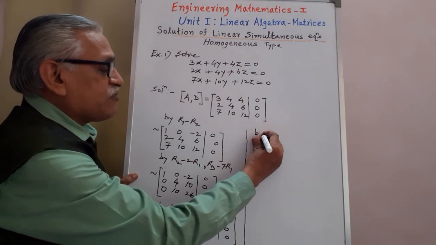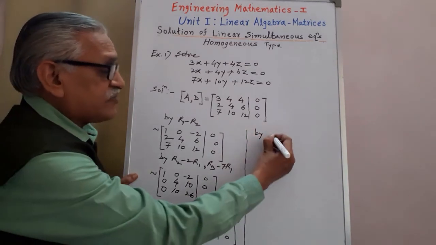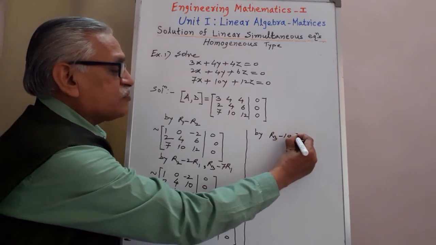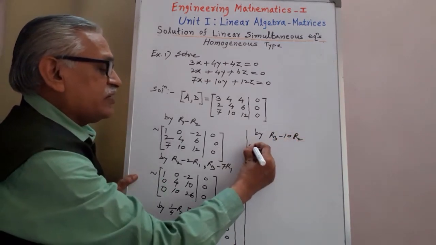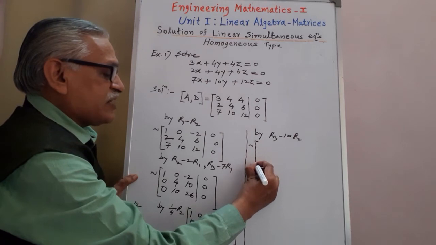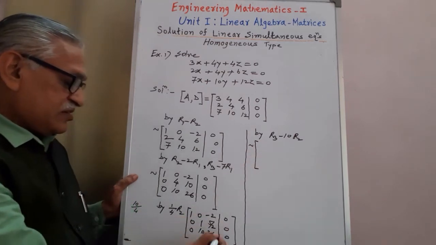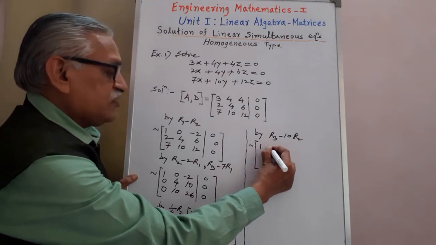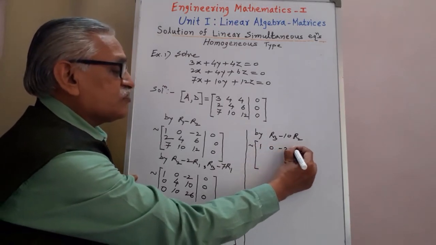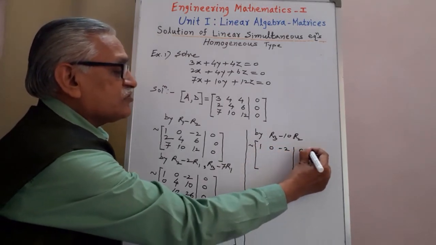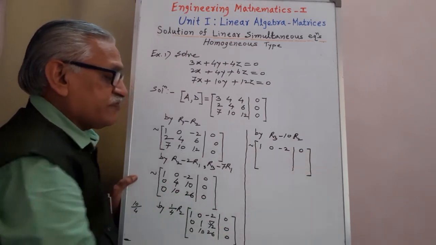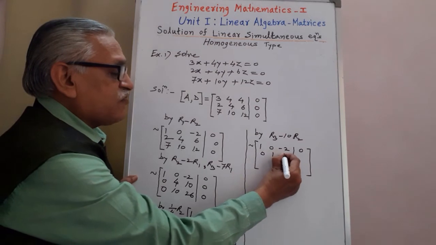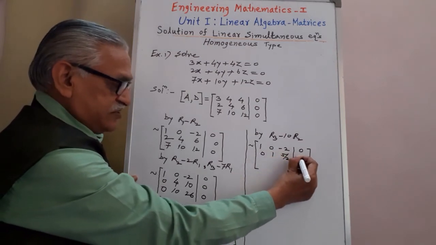Therefore that transformation is R3 minus 10 times R2, and applying that transformation, first two rows no change as it is. 1, 0, minus 2, 0. Second also no change, 0, 1, 5 by 2 and 0.